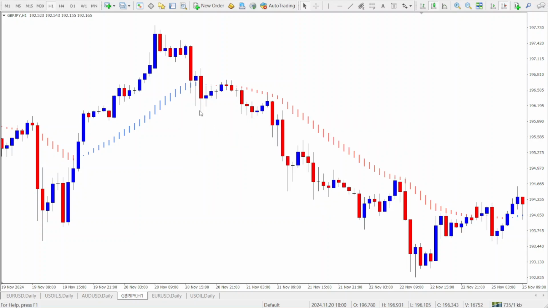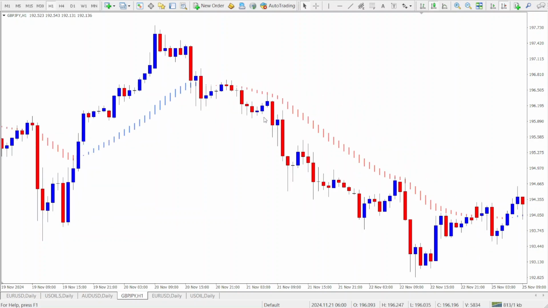All right, so when the color changes from blue to salmon, then that is your second parameter to watch out for before entering a sell. The first thing is for the price to drop below the indicator. The second thing is for the color to change to salmon. After those two things have happened, you can go ahead and enter a sell.